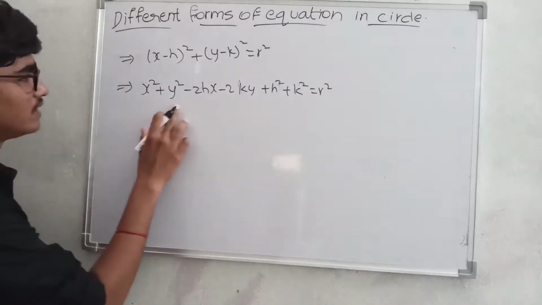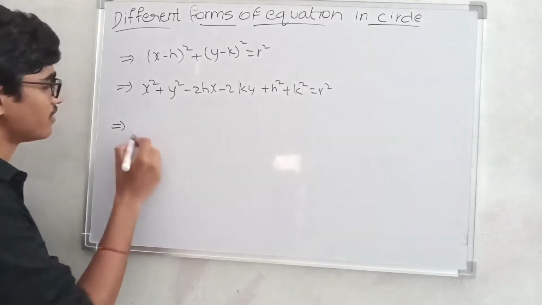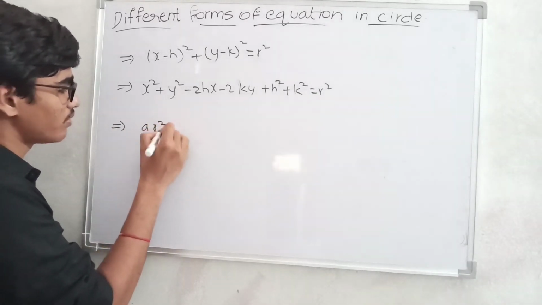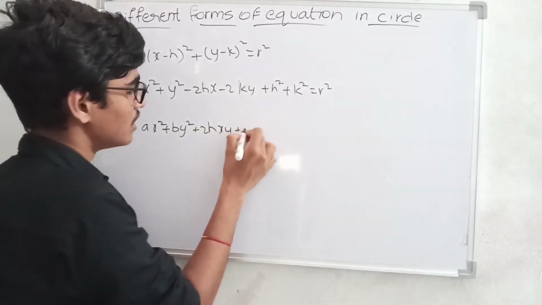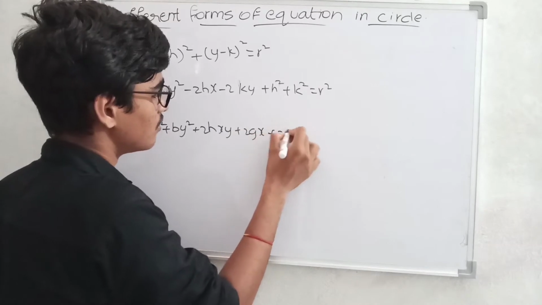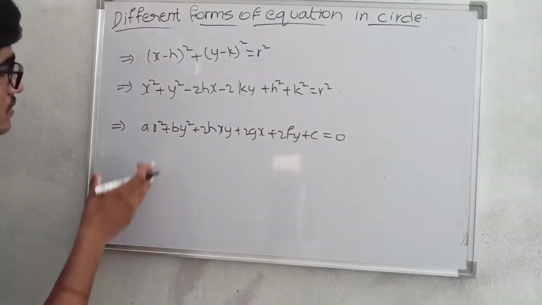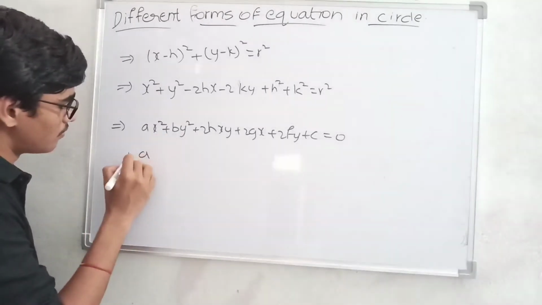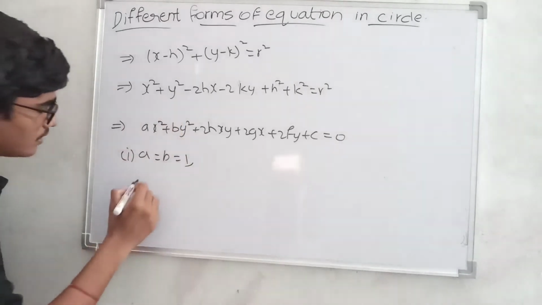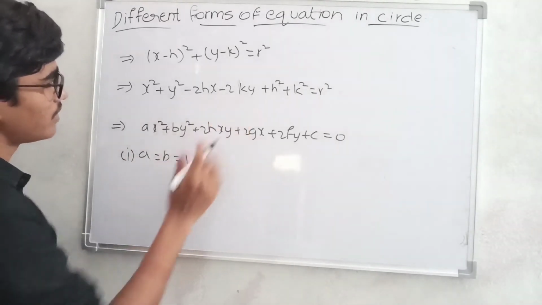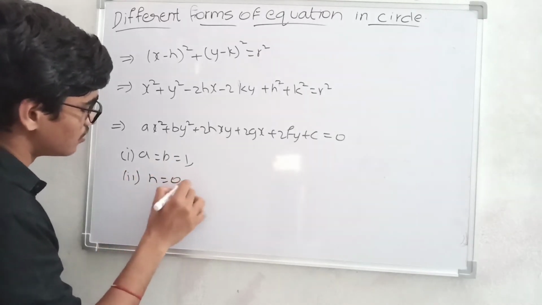On comparing this equation with a general second-degree equation, that means ax square plus by square plus 2hxy plus 2gx plus 2fy plus c equal to 0, we get conditions as a equal to b equal to 1, and there is no xy term in the circle equation, so h equal to 0.